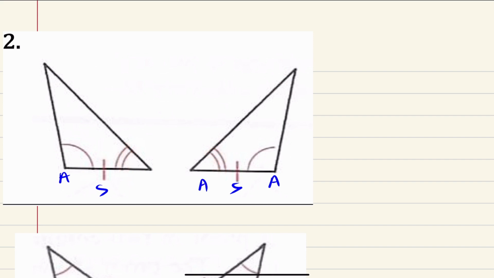So A here and an A here. Okay, so this is how I'm going to read it. Angle, and then, oh, we are dealing with the side here. Angle. So angle, side, angle. Then I'm going to, since I started with 1 arc, I have to start with 1 arc over here. So angle, side, angle. So these 2 triangles are congruent by the angle, side, angle postulate or theorem, whatever it is.